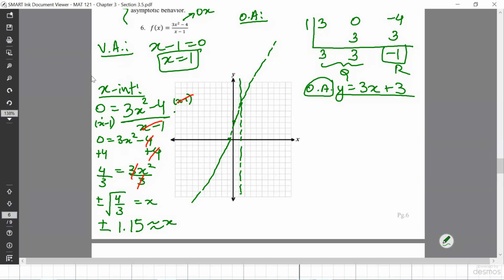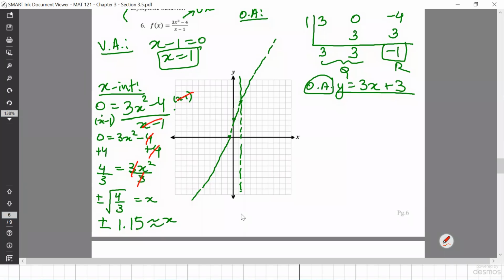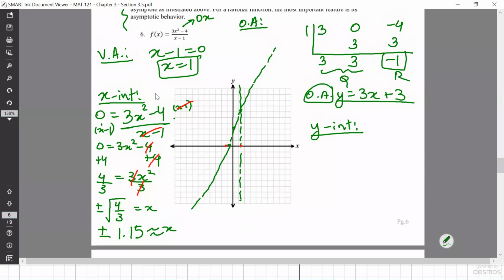Just as an approximate value, square root of 4 divided by 3 will be 1.15, positive and negative. So remember, we have the vertical asymptote at 1, so it's just going to be a hair to the right of that guy.